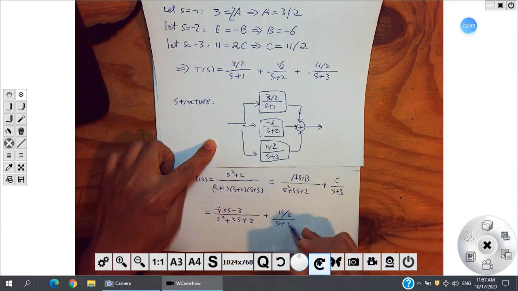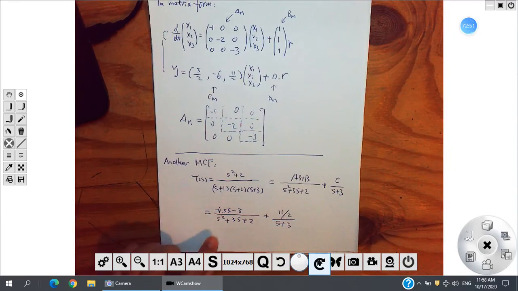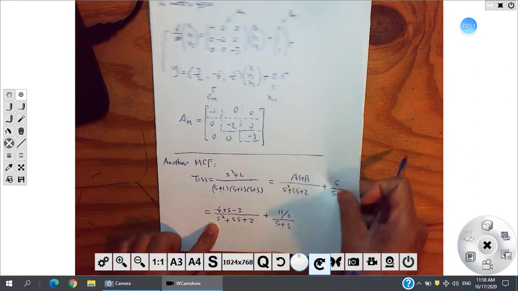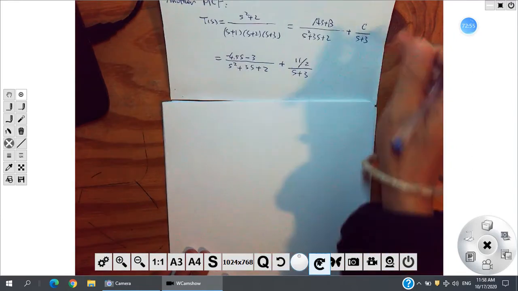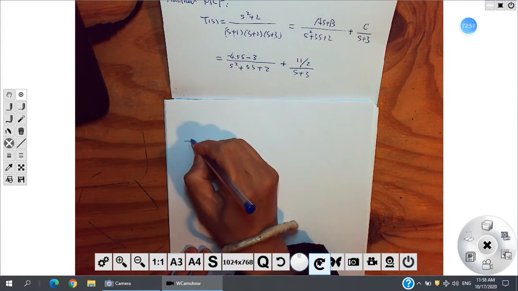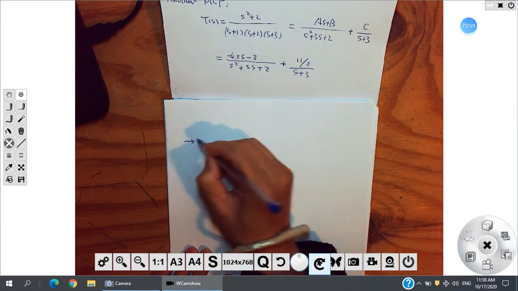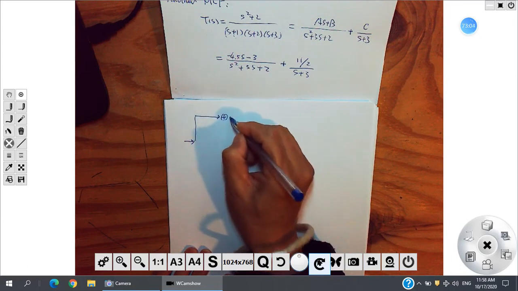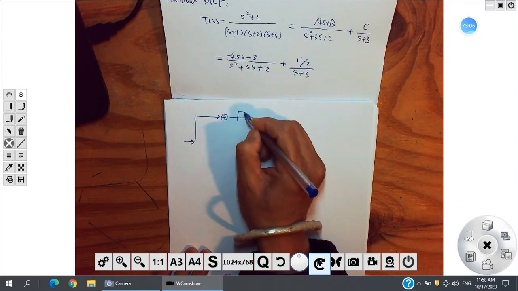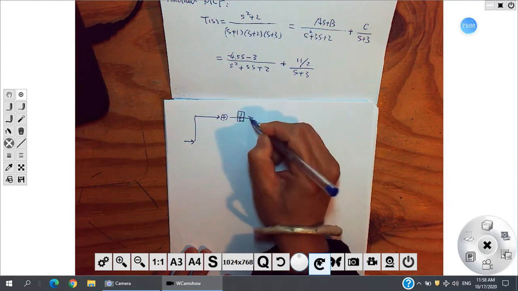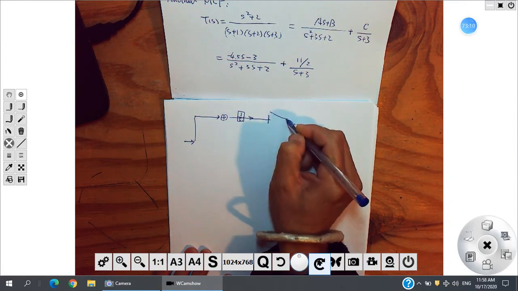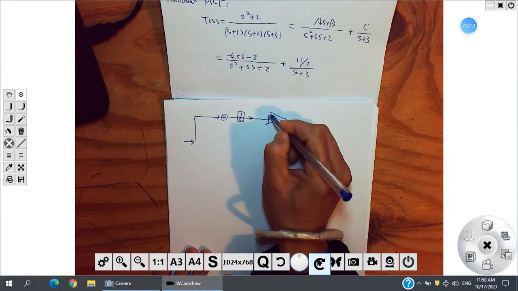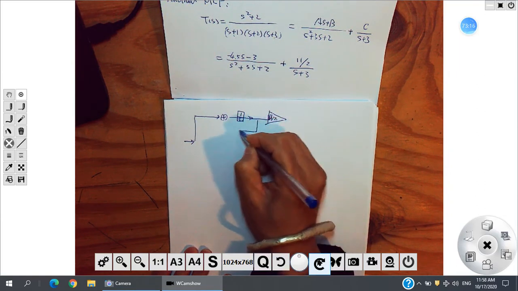So we have these. Then by this way, we can have the structure look like this. I put the simple one in the top. Here's 1 over S, 11 over 2, and here separated with feedback.